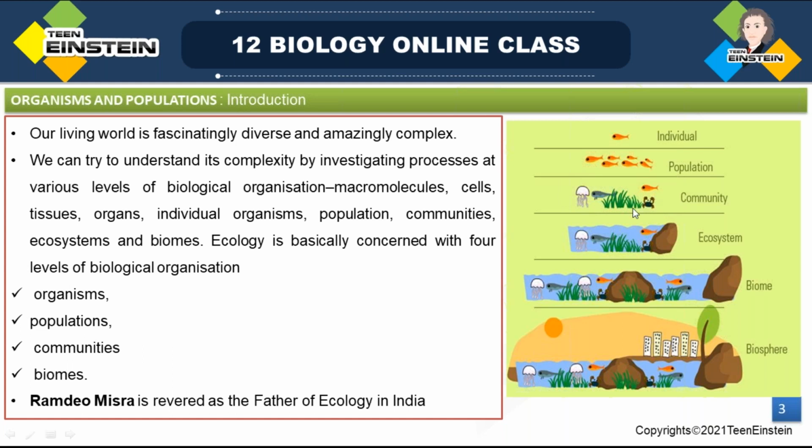Okay, here plant populations are there, animals will be there. Different types of plants will be there, different types of animals will be there, right? So that forms the community. Different groups of species will be there. The assemblage of populations of different species living together in a particular geographical area forms the community.